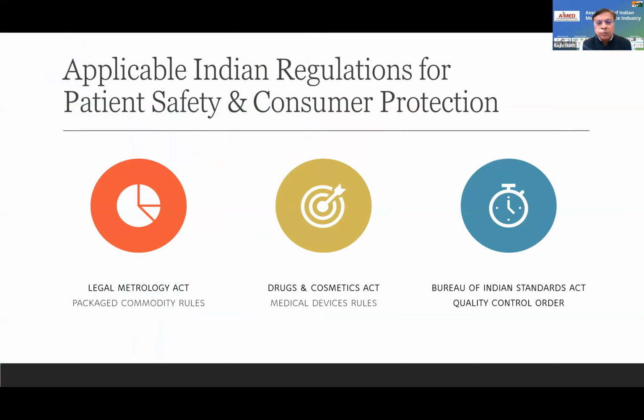The second is the Drugs and Cosmetics Act, where for patient safety, traceability and post-market surveillance, you need to comply with the requirements given in the Medical Device Rules. And third is the Bureau of Indian Standards Act, whereby certain medical devices or certain products from time to time can come under the purview of mandatory ISI marking.